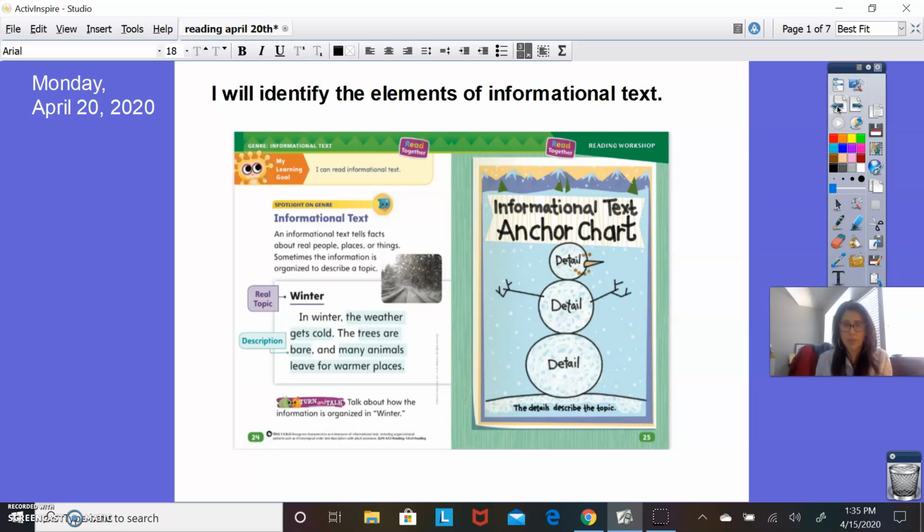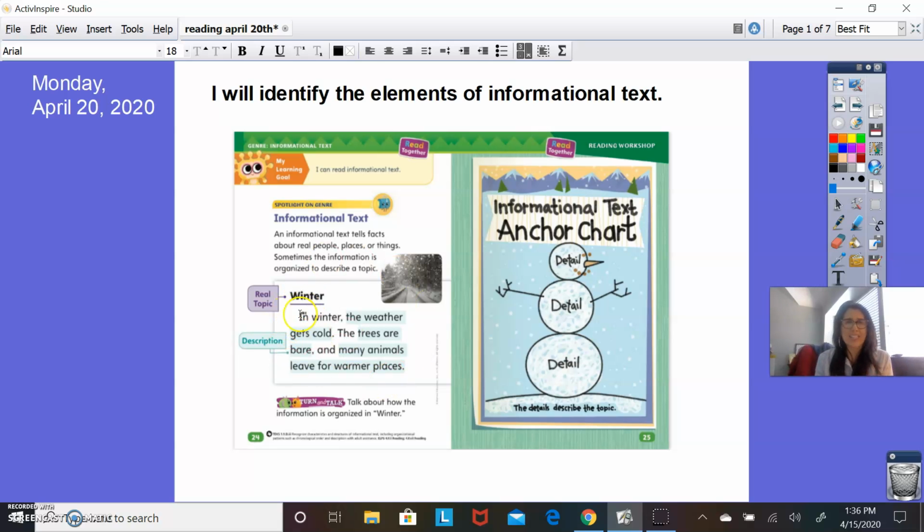It's often organized with the topic, what the text is mostly about, followed by details that describe the topic. In this text here, we know that the topic is winter. And underneath that, we're going to learn some details that are going to describe winter.